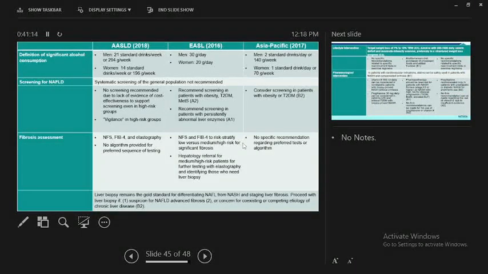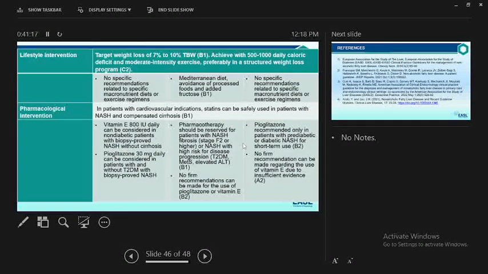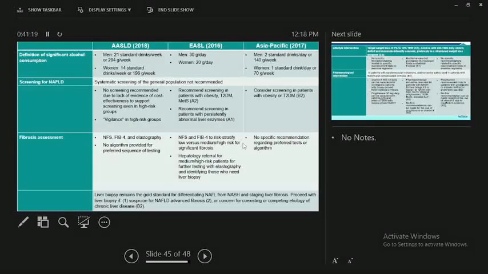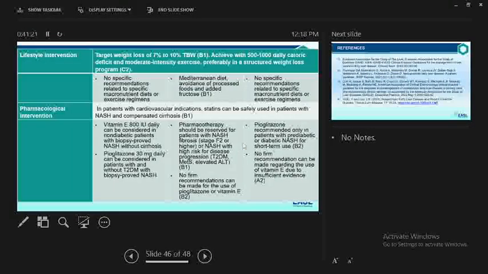No recommendation can be made regarding the use of vitamin E due to insufficient evidence, according to the Asia Pacific guideline. The third column is the Asia Pacific guideline, the first column is the AASLD guideline, and the middle column is the EASL guideline. So there are several different recommendations given by several colleges and associations.